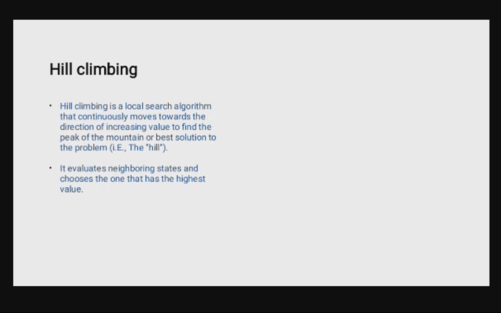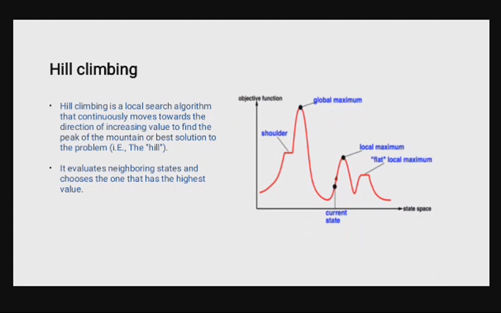Take an example whereby the agent has more than two hills, but they're not all of the same height, so it keeps on moving towards the highest peak, as shown in this image. It has a global maximum, the local maximum, and the current state.